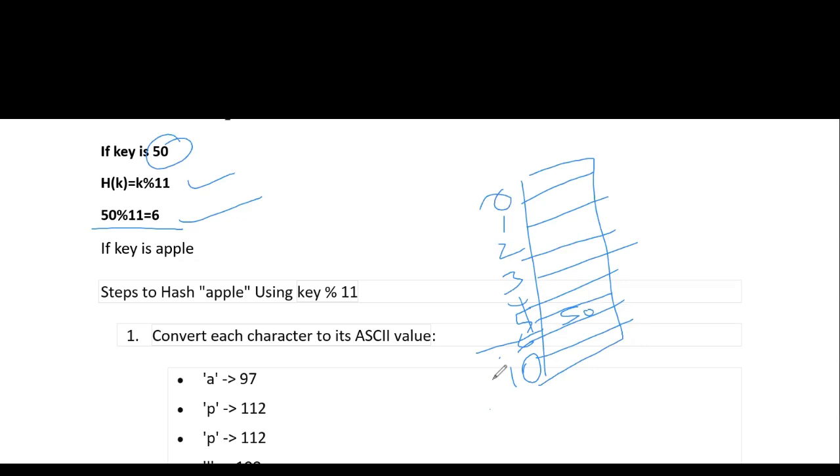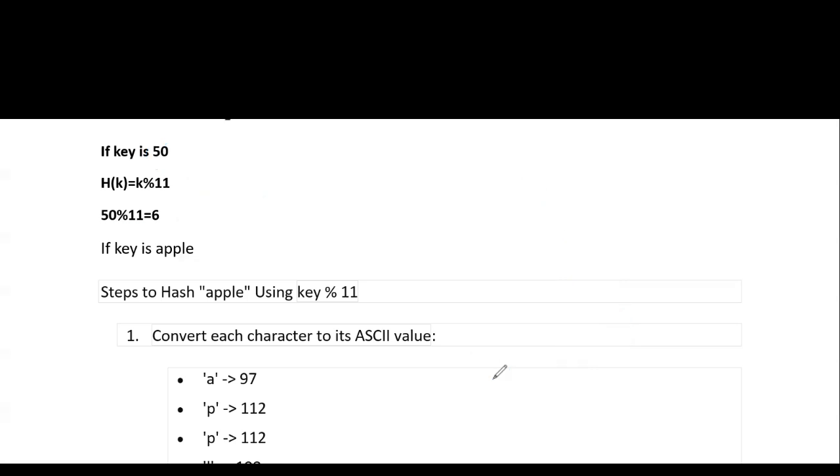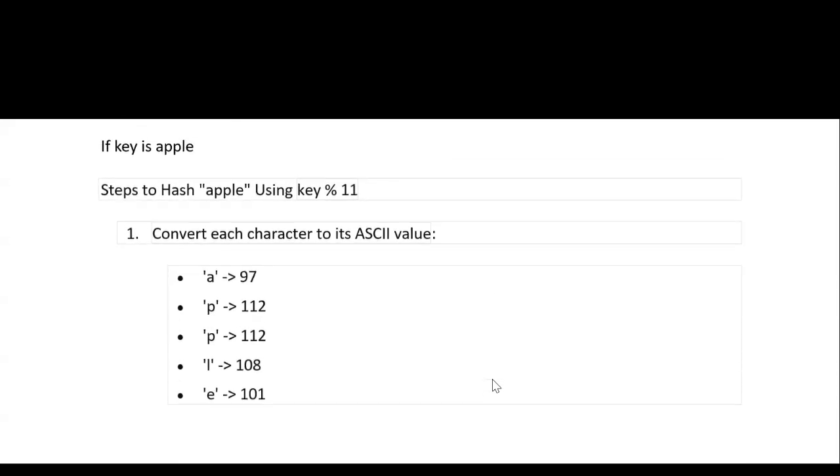Say I have a key which is alphanumerical data, for example Apple. How do you map it onto the table? The first thing I generally do is convert each character into its ASCII value. A is 97 in the ASCII table, then p is 112, p is 112, l is 108, and e is 101.